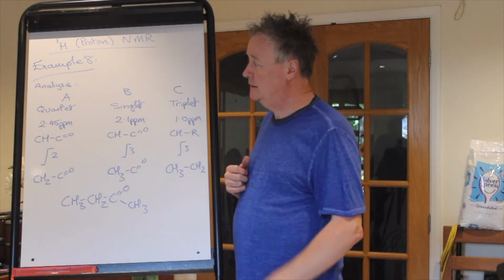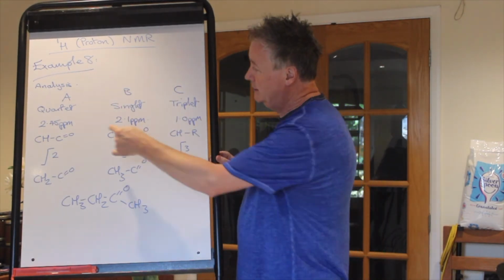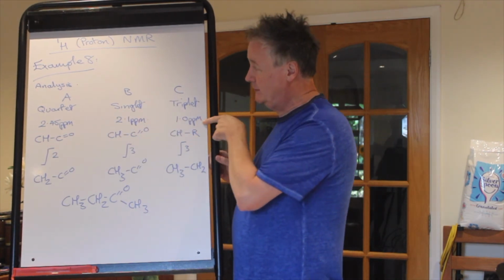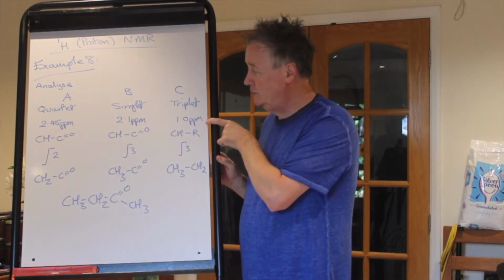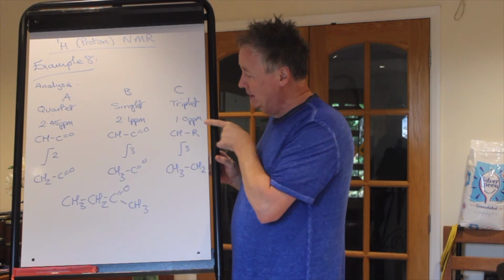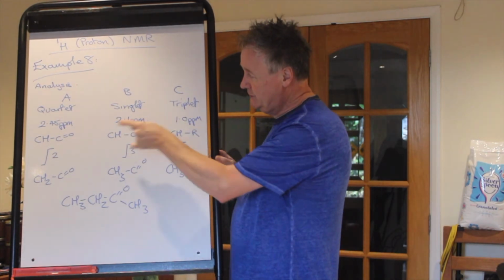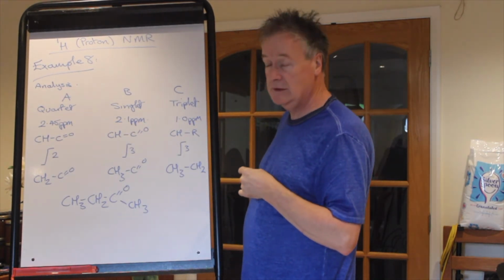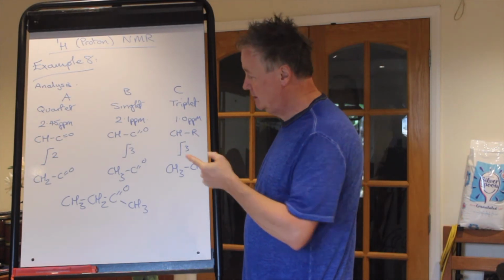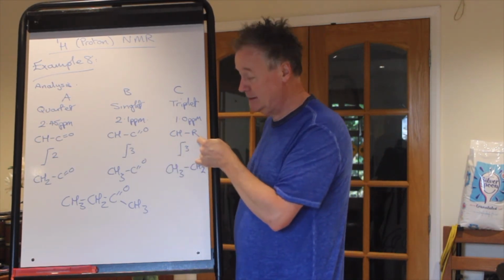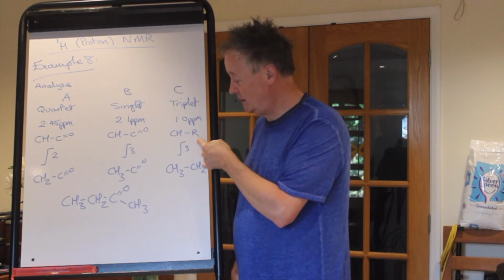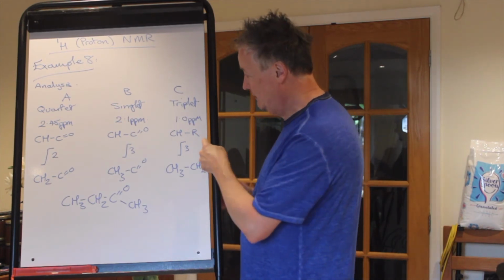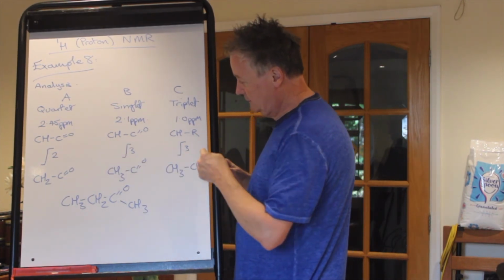A, B and C, and I have identified ppm values there, 2.45, 2.1 or 1.0. I've proposed these environments of CH next to a CO double bond, R carbonyl, similarly there, and this is just a CH next to an alkyl group. Integral values of 2, 3 and 3.